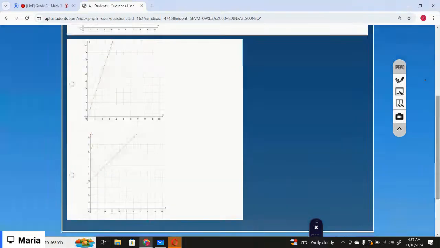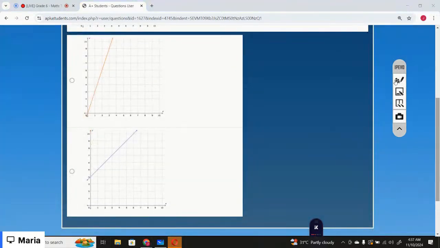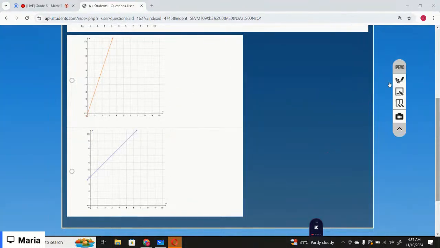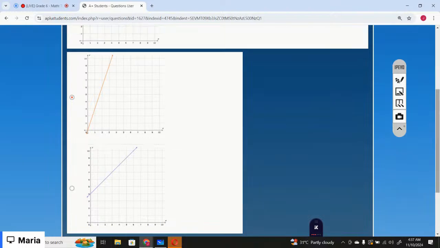So here is the graph, right? 0, 0, 1, 3, 2, 6, 3, 9. So here is the graph that is starting from the origin 0, 0. X is 1, y is 3, x is 2, y is 6, x is 3, y is 9. Got it? This is the correct option.